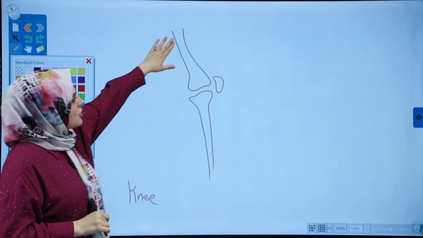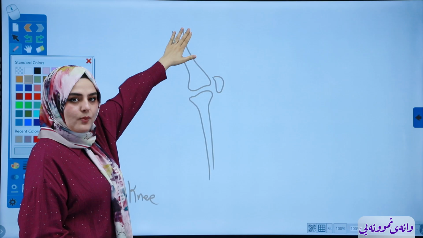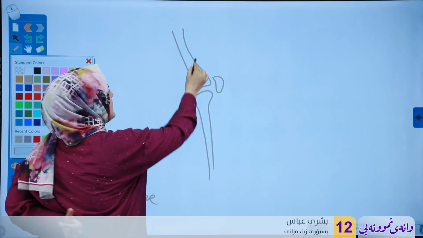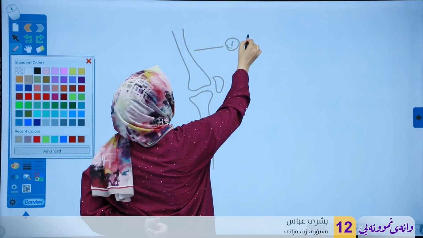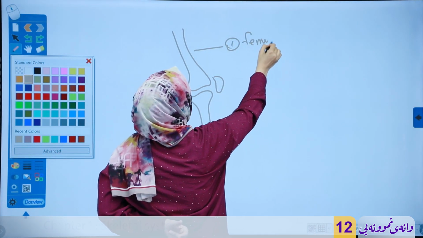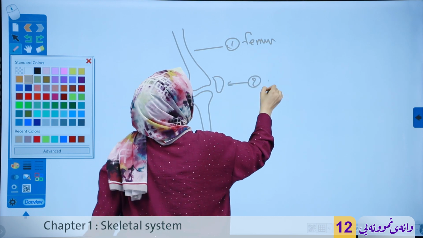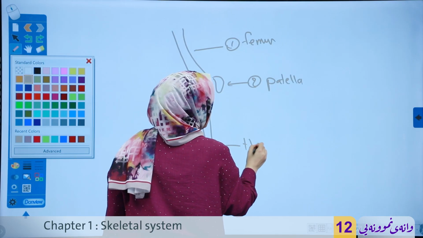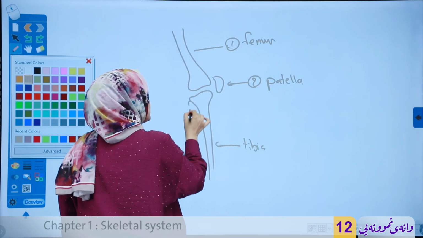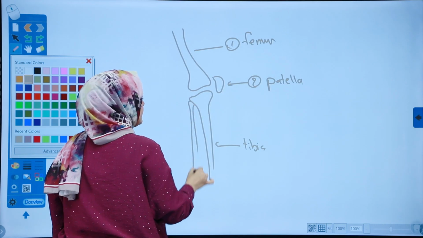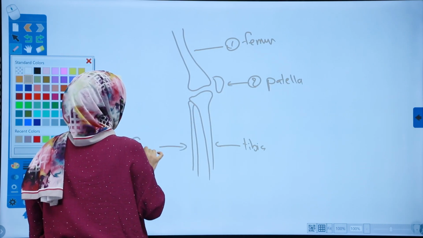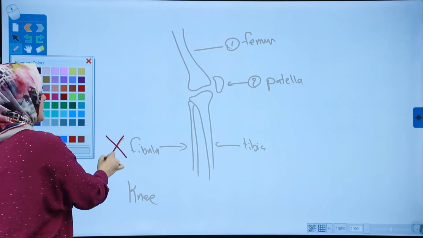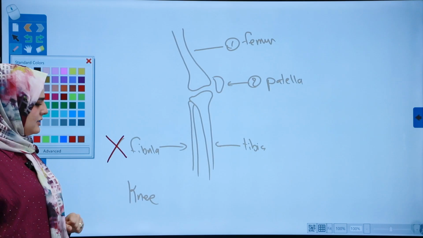And then it starts off with the femur, the upper one, the biggest bone in your body, and then the tibia. So we have femur, patella, and tibia. You can clearly see there's another bone close by, the fibula, but this bone doesn't contribute at all in the making of the knee joint.